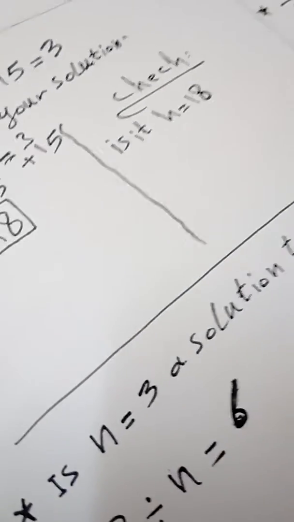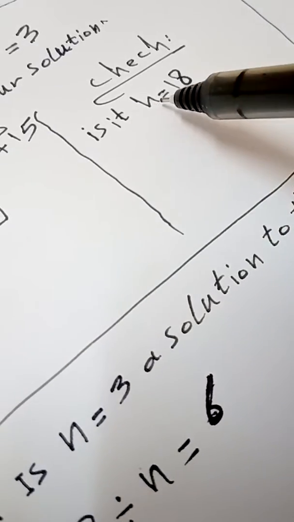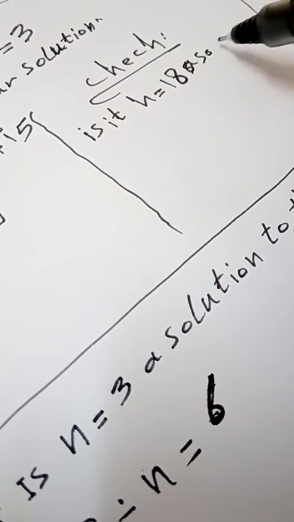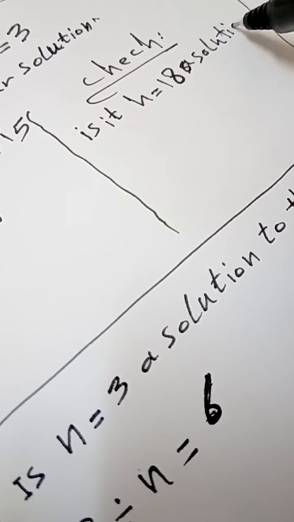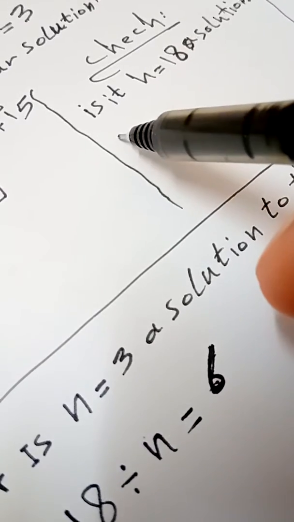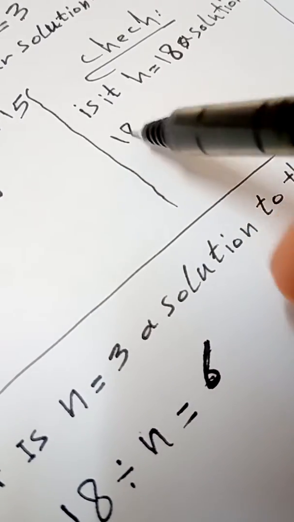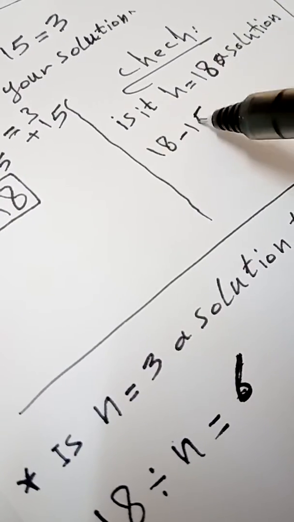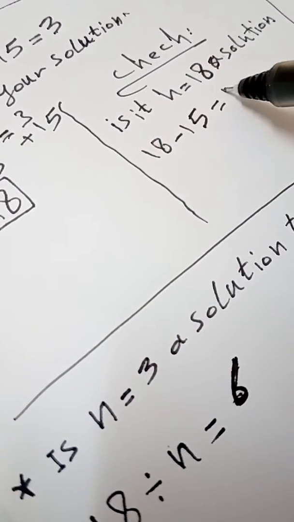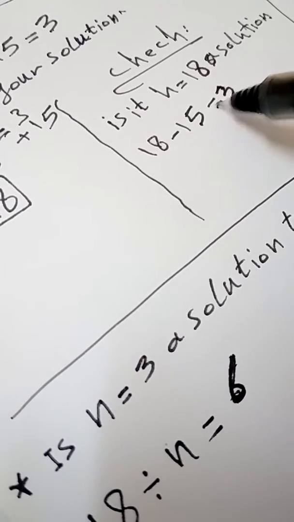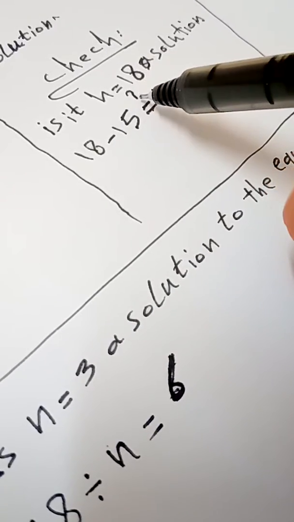Okay, let's retry here. Is h equals 18 a solution? Substitute now: 18 minus 15. Is it equal to 3? At this moment I don't know, so put here a question mark.